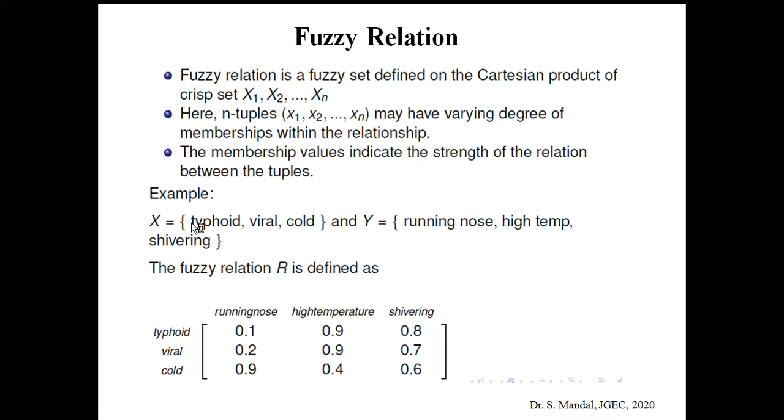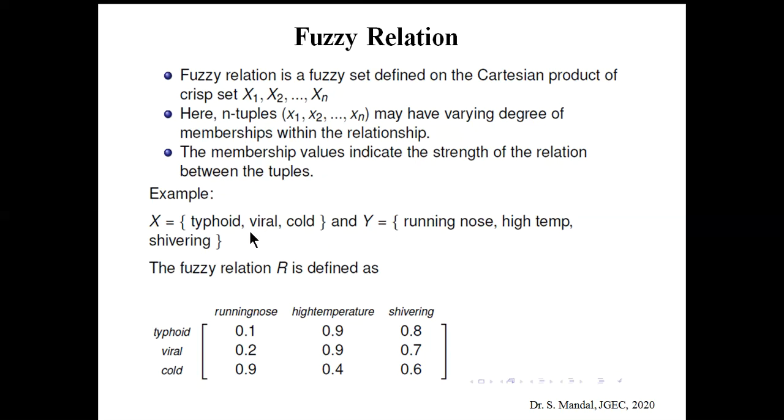Consider X is a set given by typhoid, viral, cold, and Y is another set given by running nose, high temperature, and sneezing. Obviously there is some kind of relationship between the two sets.